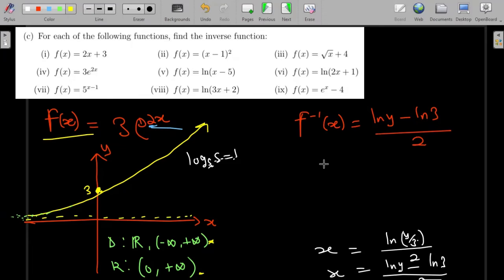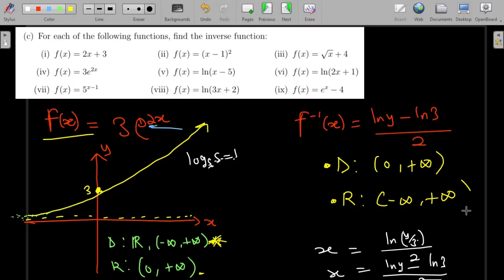What will be the domain of this inverse function? We just get the range of the original function, which is 0 to positive infinity. And the range of this inverse function will just be the domain of the original function, minus infinity to positive infinity. And we are done with finding the inverse of this function.